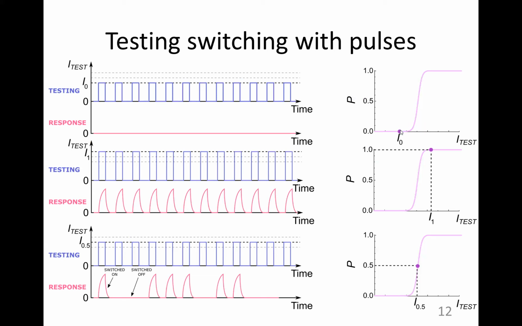If we test it with some low current value, the junction never switches, so we observe no voltage response, there are no voltage drops. If we test our sample with high current, all pulses result in switching, and in between there is a transition region where some pulses produce switching and some pulses do not, despite the fact they are all of the same height. So this is the probabilistic or stochastic nature of this switching.